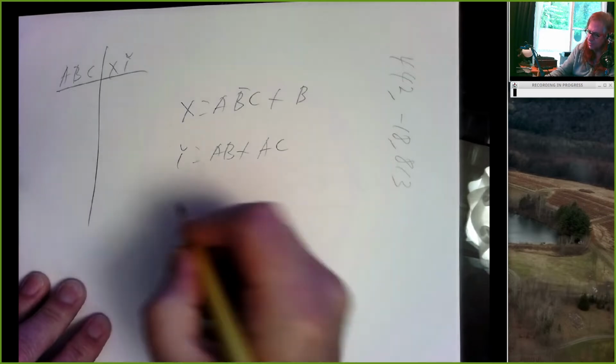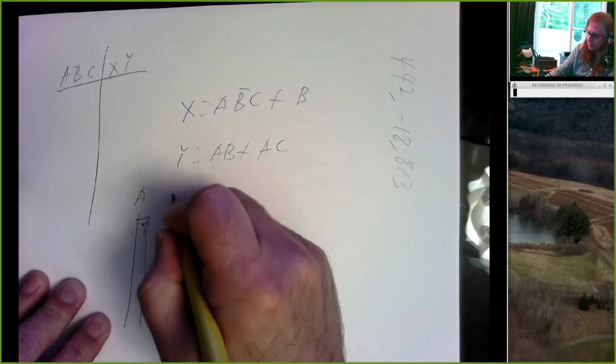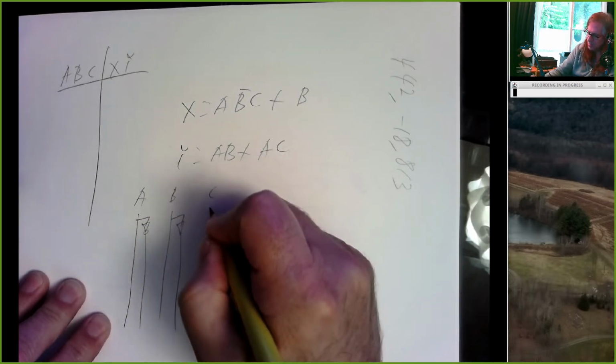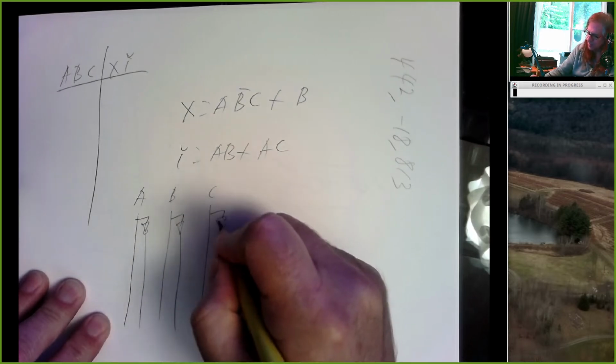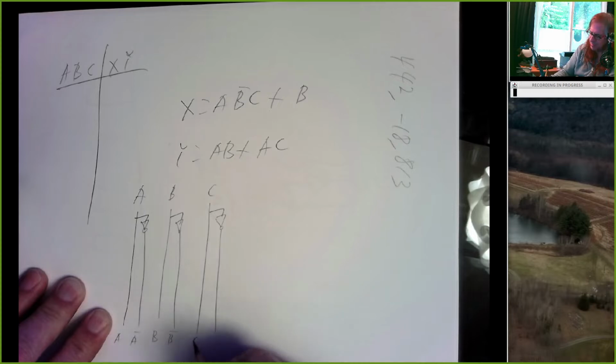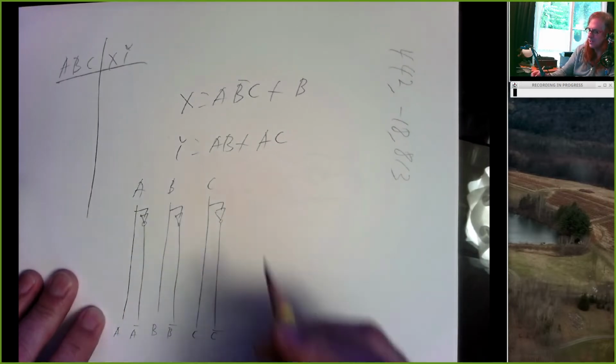So we can do this. Take your inputs, run them vertically, run each one through an inverter so we have both the true and the complemented versions of our inputs available. And then start piecing them together.